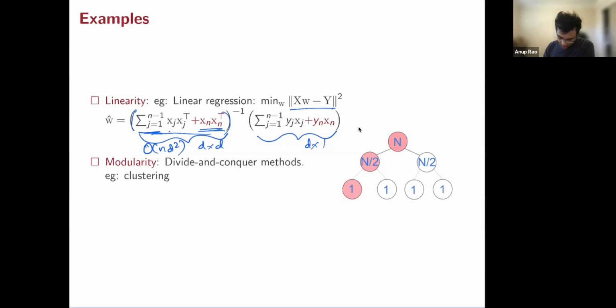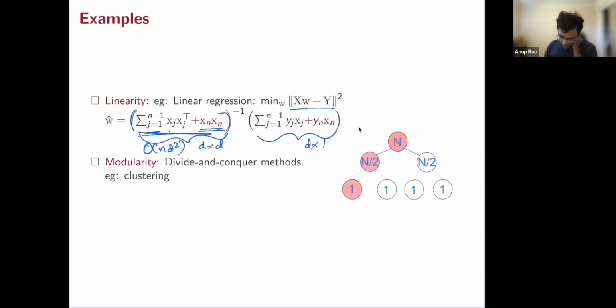We don't need to look at all the data points if we have stored that matrix. And we can update both the first term and the second term. So we can do the unlearning much faster than naive retraining, which depends on n.